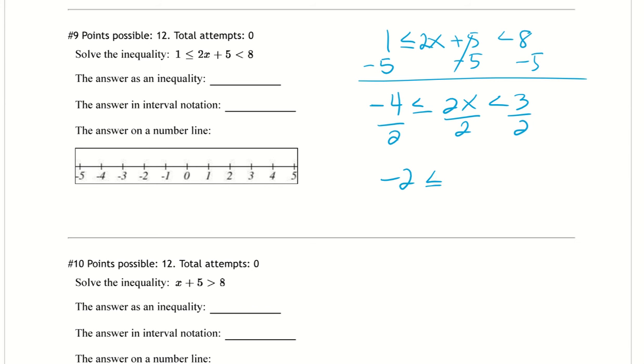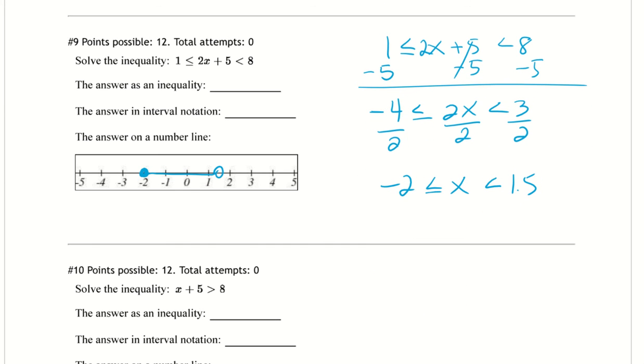So I have -2 is less than or equal to x, which is less than or equal to 1.5. So 1.5, oh, that's not a less than or equal to. That's just a less than. So it's going to be an open dot. And the -2 is going to be over here, closed dot. And then I'm going to put a line in between the two to show that it's only in between those numbers.